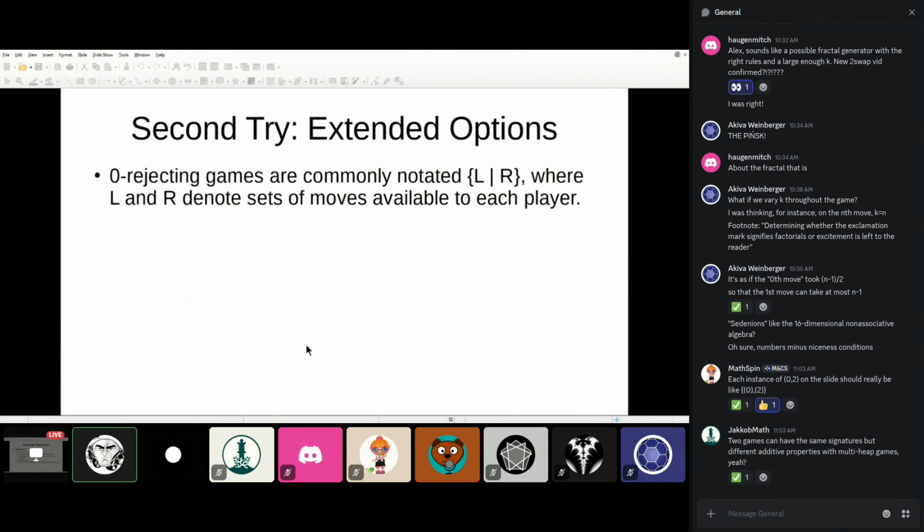The problem is we don't have access to any of the usual tools regarding, say, dominating strategies or reversible moves, because the ability to reject moves makes the analysis of those a lot more complicated.